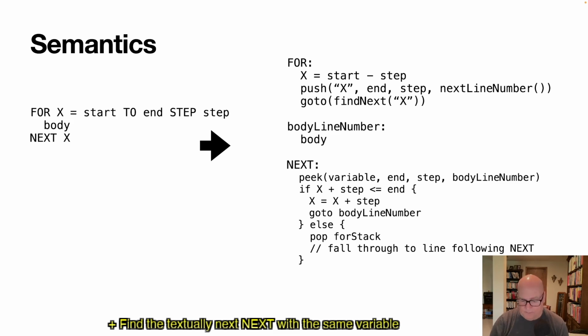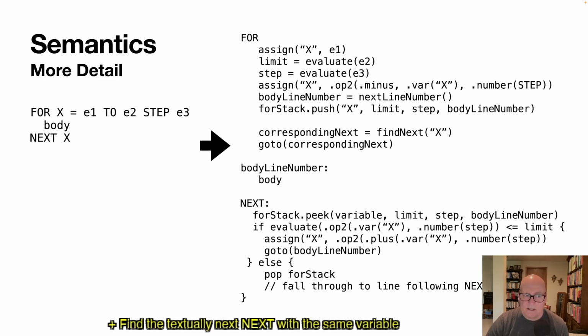All right. Now I'm going to do this a little more explicitly. Same thing, it's the same loop. I renamed E1, E2, E3, but in terms of our interpreter, we're going to assign x to equal E1, evaluate the limit, evaluate the step. Those have to be evaluated before the loop body.